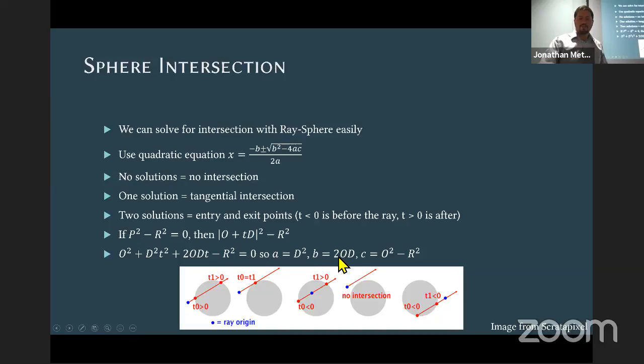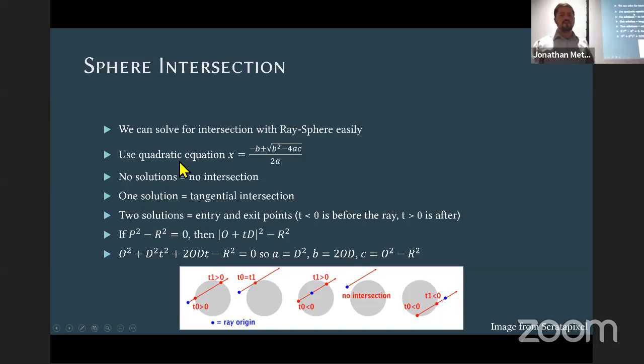We have B equals 2 times OD, and that's going to be the dot product. And then we have C equals O squared minus R squared. If we plug this into the quadratic equation, we can calculate t. That's what we're looking for. So then we have 5 cases.